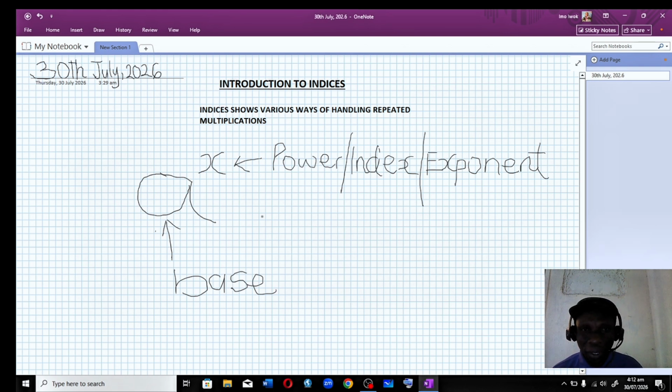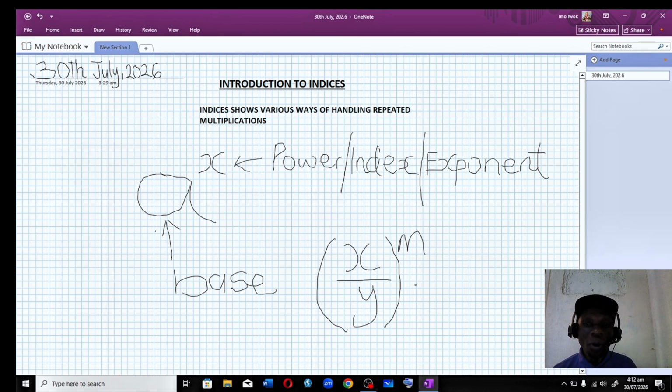It can be a fraction. We can have stuff like this where I have x over y, and then the whole of this is raised to power m. Clearly, what we have here enclosed in brackets or parentheses is a fraction. So the base in this case is not just x, it's not just y, but the entire fraction x over y, while the power is still m.